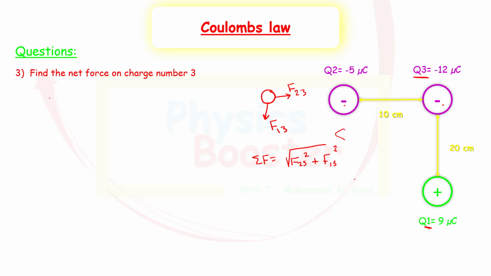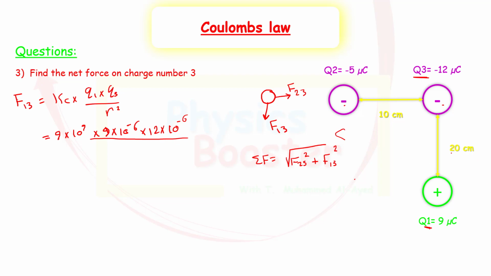F13. We know that F13 is Coulomb's constant multiplied by Q1 multiplied by Q3 divided by R squared. It's pretty straightforward right now. So 9 multiplied by 10 to the power 9, multiplied by charge number 1, which is 9 multiplied by 10 to the power negative 6, multiplied by charge number 3, which is 12 multiplied by 10 to the power negative 6, divided by the distance.